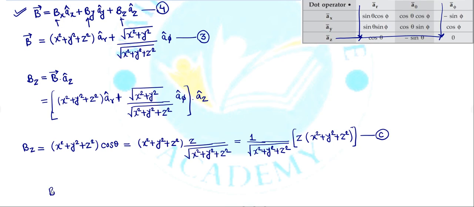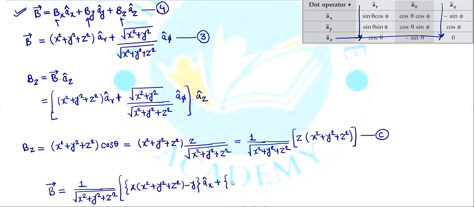So we can rewrite that vector B as nothing but 1 upon square root of x square plus y square plus z square, and within that bracket you can write x square root of x square plus y square plus z square minus y aX cap, plus y square root of x square plus y square plus z square plus x.